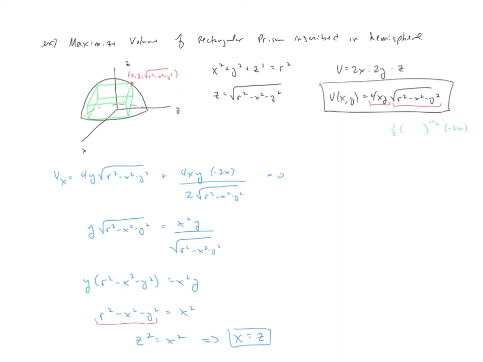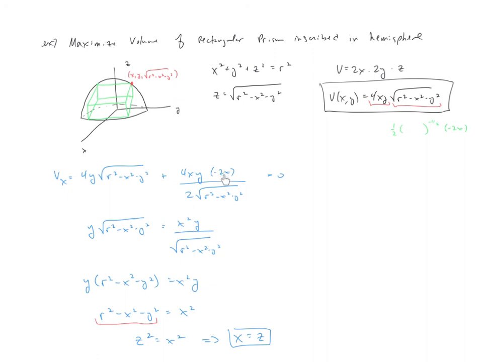Now, to take it a little bit further and save us some work, if you come back and look at this derivative right here, when you take the derivative with respect to y, not a whole lot is going to change other than the ordering of the variables. If I go with respect to y, my first is going to be 4x, but then that's going to be the same. But then on the back side here, this is going to be a negative 2y.